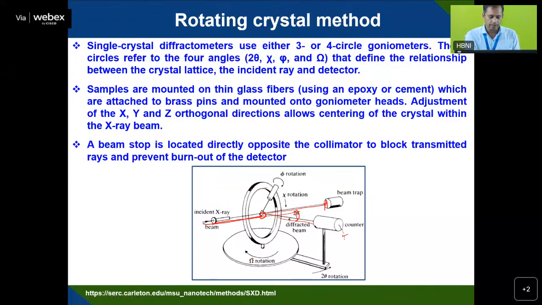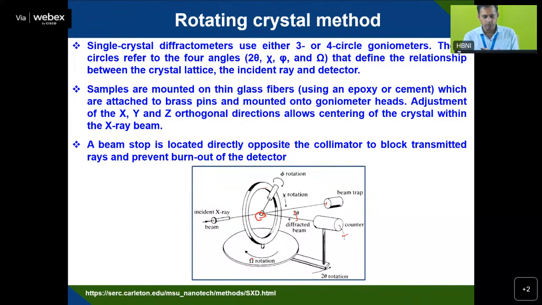The sample is mounted on a thin glass fiber, using epoxy or some specific cements, which is attached to brass pins mounted on the goniometer head.